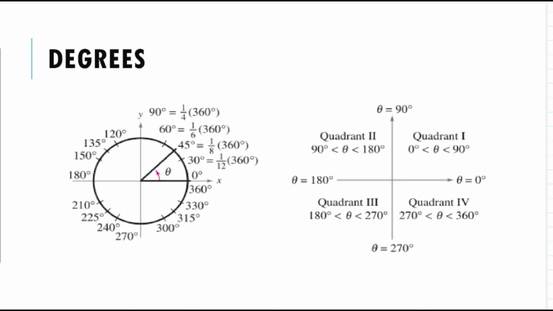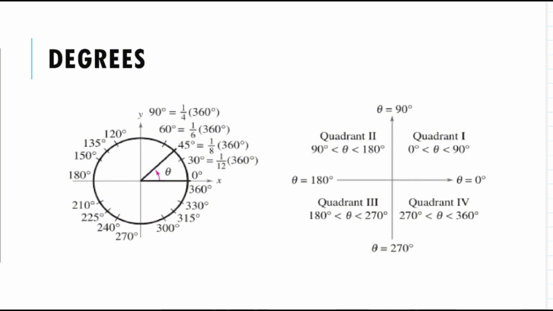Quick one, let's go to degree measures. When we talk about degree, that is the unit in which all angles are measured. The angle formed by rotating the initial side exactly once in the counterclockwise direction until it coincides with itself is one revolution, and is said to be 360 degrees.